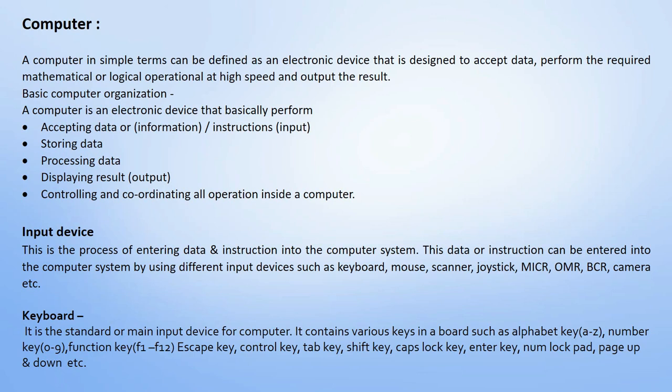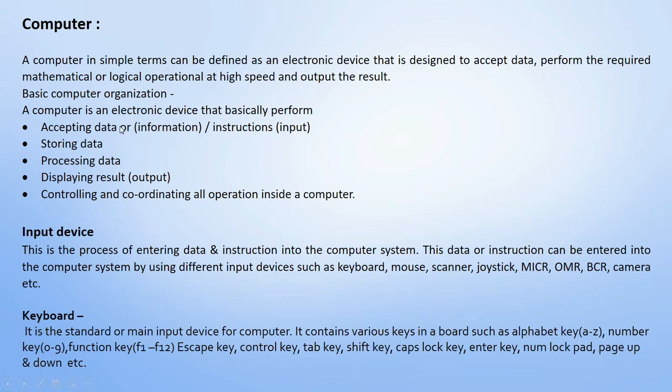The basic computer organization: a computer is an electronic device that accepts data, information or instructions. It stores the data, processes the data, displays the result or output, and controls and coordinates all the operations inside a computer.